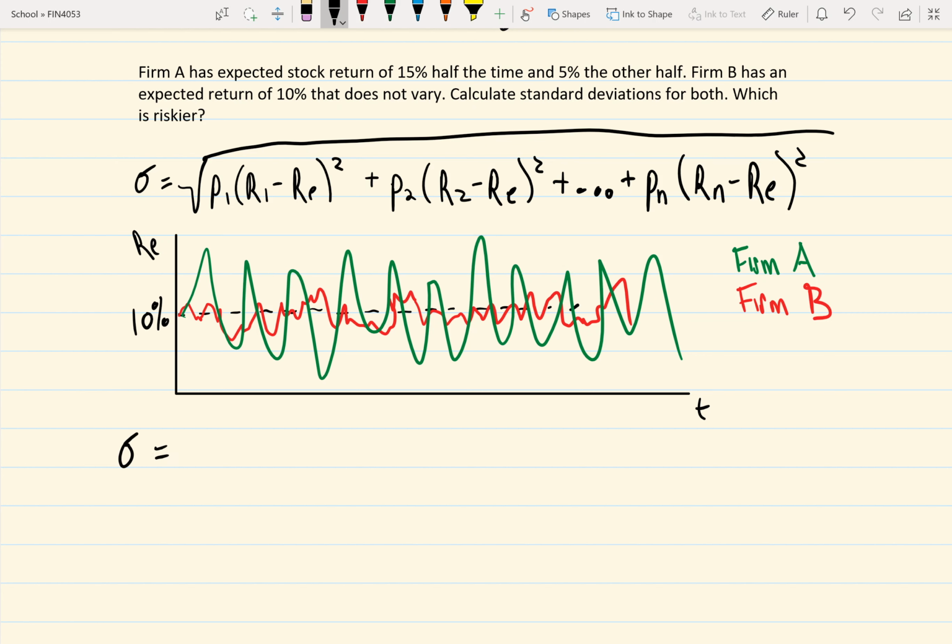So the expected return for A equals 50% of the time, half the time at 15%, and the other half at 5%. Half of 15 is 7.5%, and half of 5 is 2.5%. And this adds up to 10%.